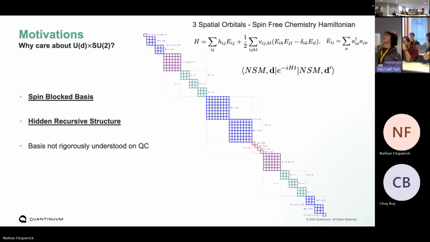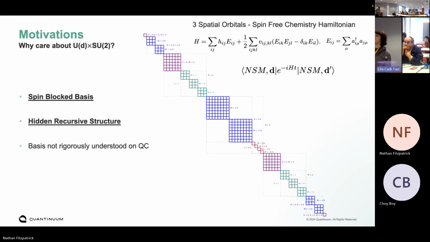And essentially, when you evolve this Hamiltonian, there's a very special basis which is blocked on the total particle number. So this is 6 spin orbitals: three spatial orbitals, which has a potential total occupancy of 6 particles.